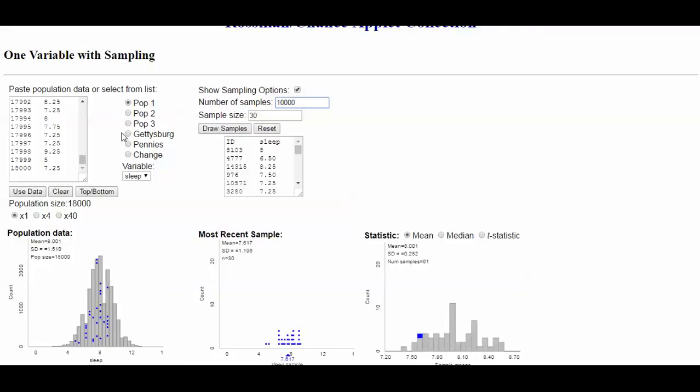So it's going to randomly select 30, calculate the sample mean, randomly select 30 more, calculate the sample mean, and it's going to do that 10,000 times. And each time it does that, it's going to plot the new sample mean on here. So there's going to be 10,000 sample means on here. And the shape is going to be pretty close to the shape of the sampling distribution for the sample size of 30.